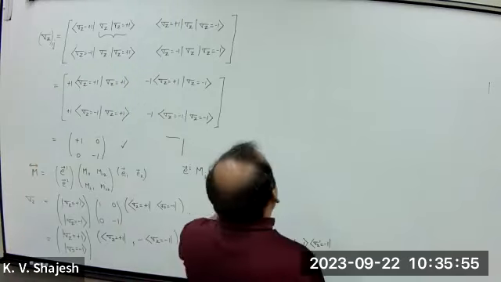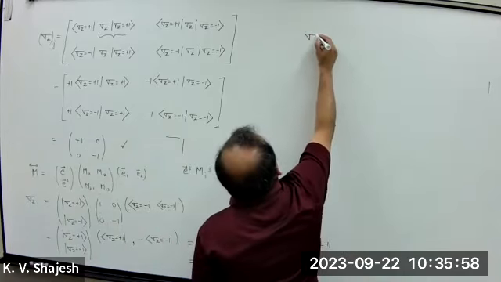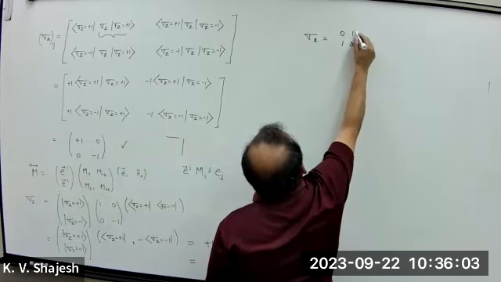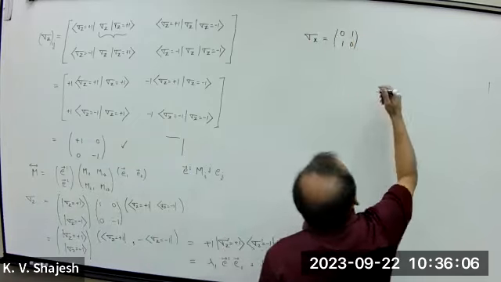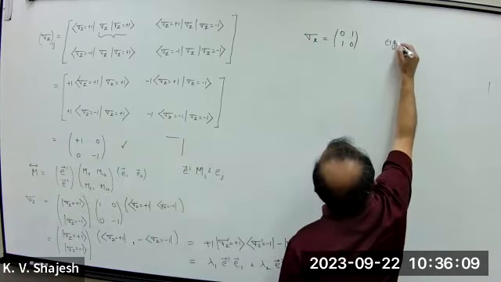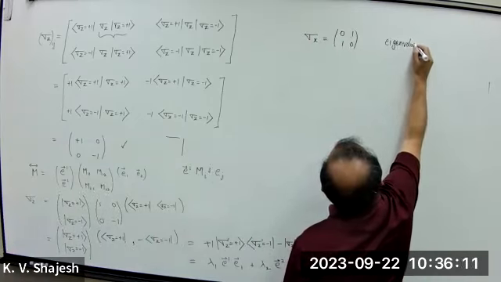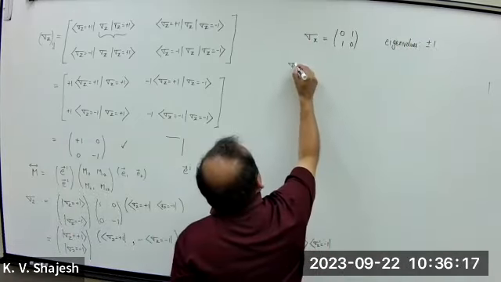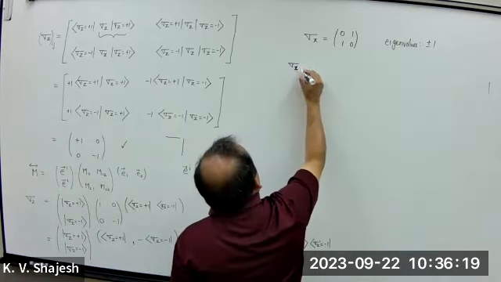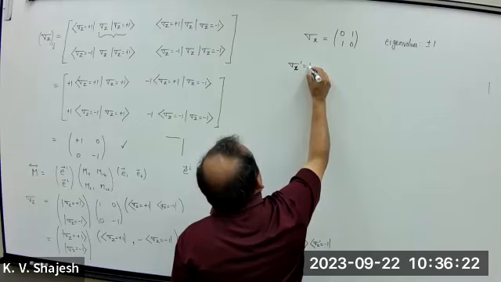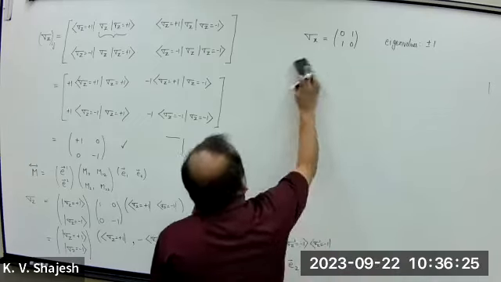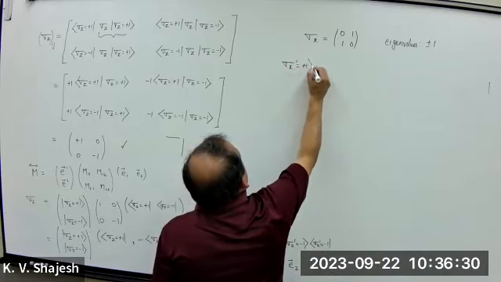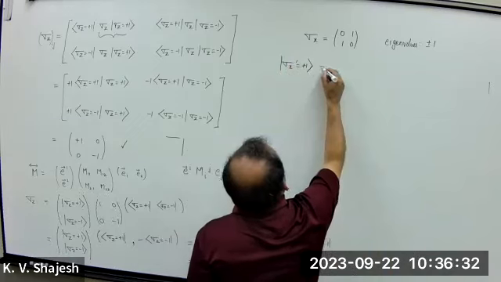So let's have sigma x. Sigma x is 0, 1, 1, 0. And its eigenvalues are again plus or minus 1, and its eigenvector is sigma x equal to plus 1. There we go. Sigma x prime equal to plus 1.